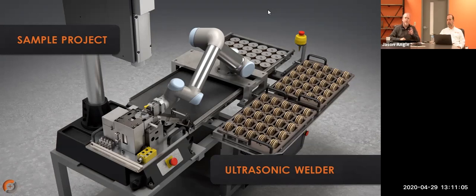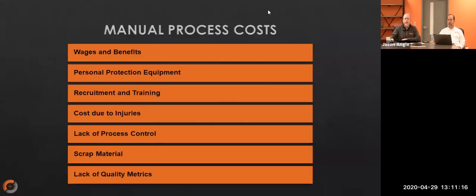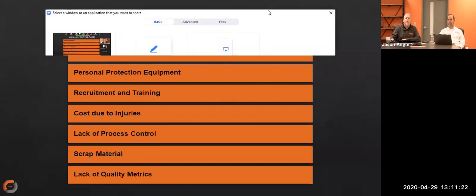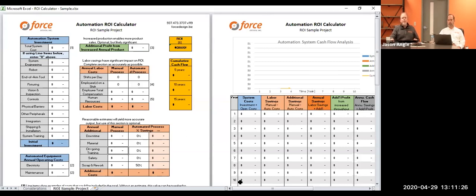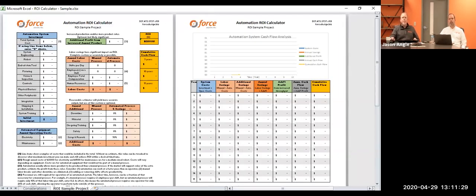So this is the project we're going to talk about today and illustrate the ROI calculator using that project. So if you've got the sheet, I'm going to back out just a little bit so we can see the entire thing. The first page on your left is where we put data in, and you see the colored tables at the top.